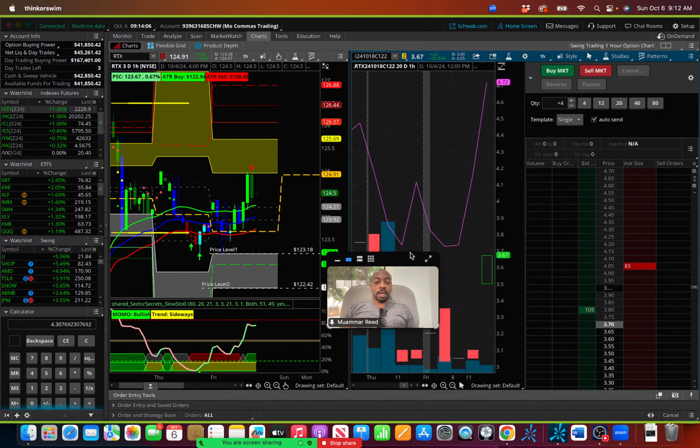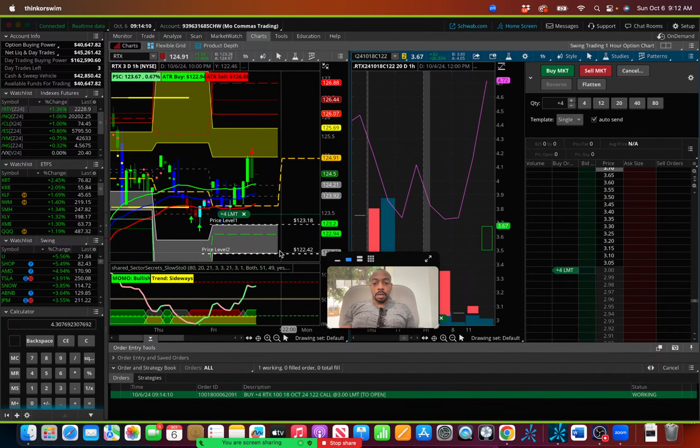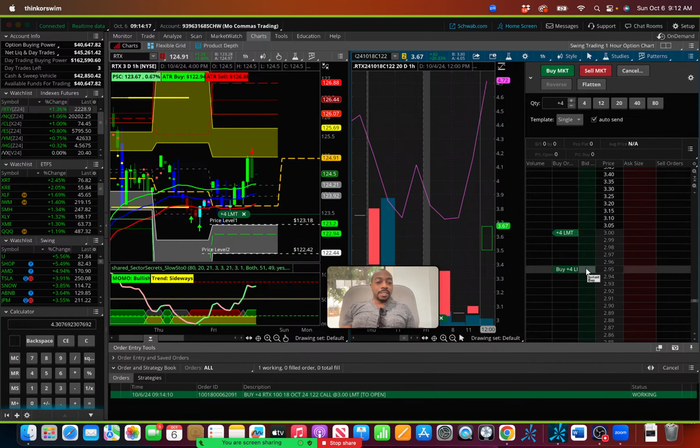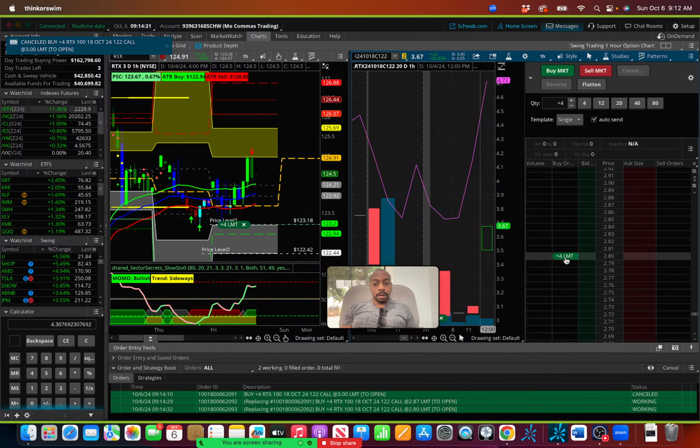If I'm position sizing, then I'm going to come down and figure out where this limit order is going to be based upon my levels. So if I want to sit that down, and I wouldn't suggest doing this until it gets closer to your alert. So I might put my alert maybe a little bit higher than this level. But I'm going to sit that down, just keep sliding that down right there.